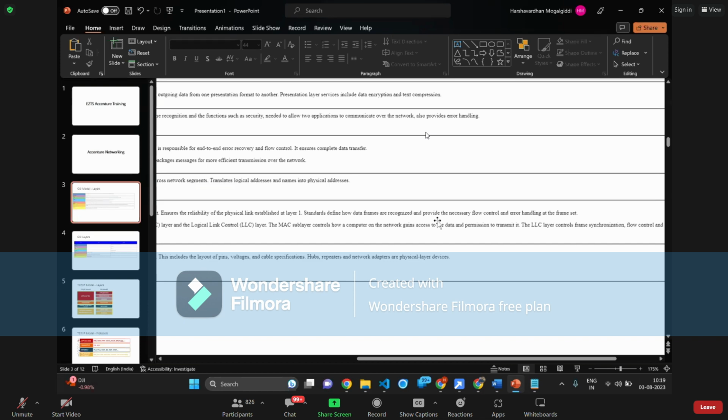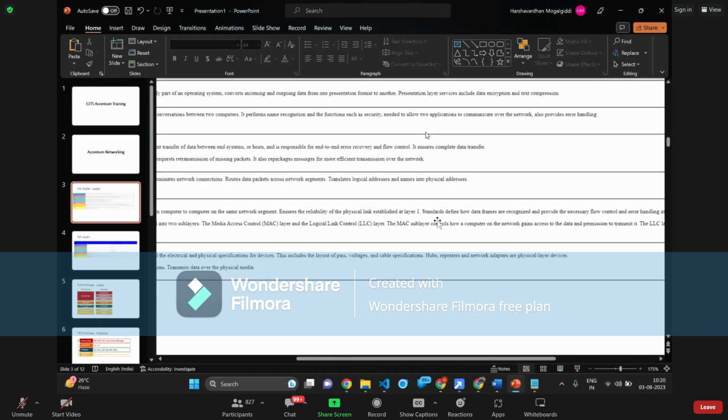That error can be a bad quality physical layer device, or some improper dust in your pin. It can also be an internal error, as in the frames might not be packaged properly and sent. So it can be anything. Wherever there is an error, there has to be error handling, and that is also being taken care of using those standards, right?